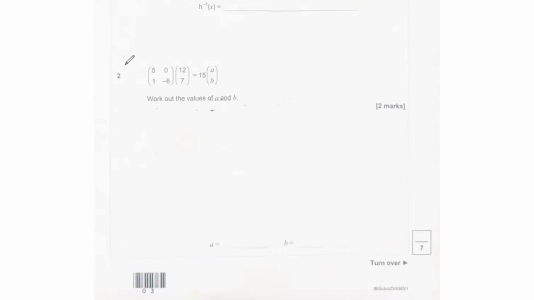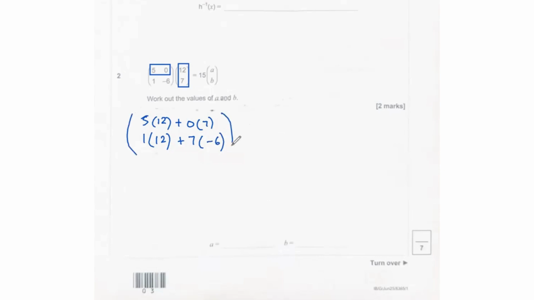Then in question number 2, we have matrices and they ask us to find the value of a and b. When we're multiplying matrices, we multiply the first row by the column first, and then the second row by the column. So that's going to be 5 times 12 plus 0 times 7, and then 1 times 12 plus 7 times -6. This is equal to 15 times a and b.